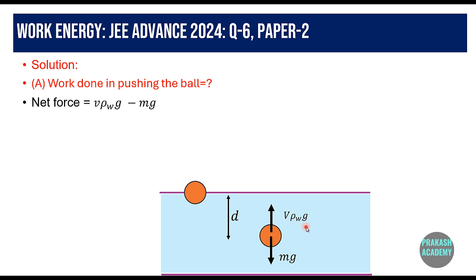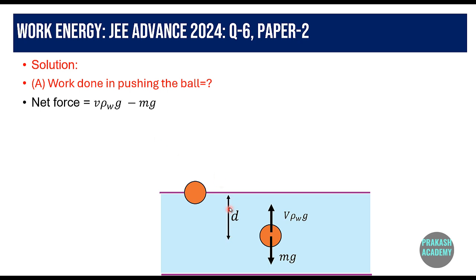So what is the net force? Net force is v rho w into z minus mg. So this is the net force that is acting in the upward direction. And if we want to push this ball down, then we have to apply the same amount of force in the downward direction. And then this distance is d.